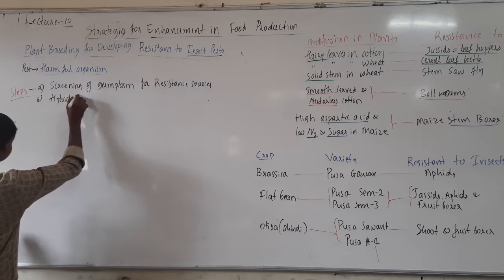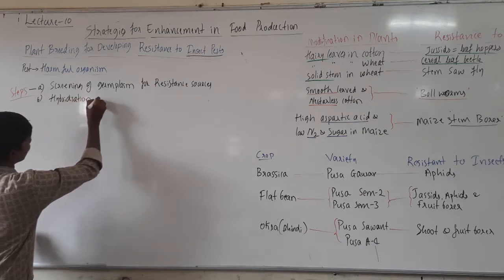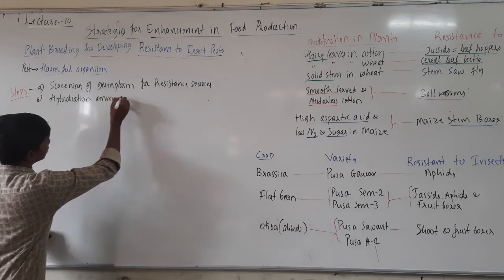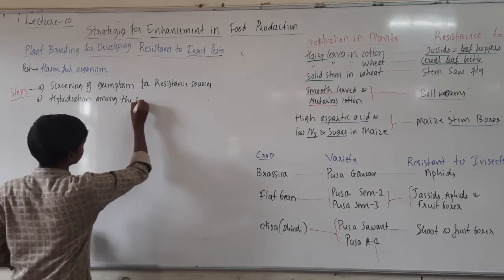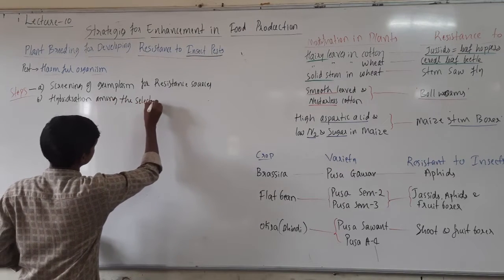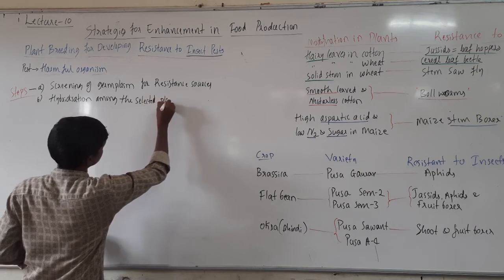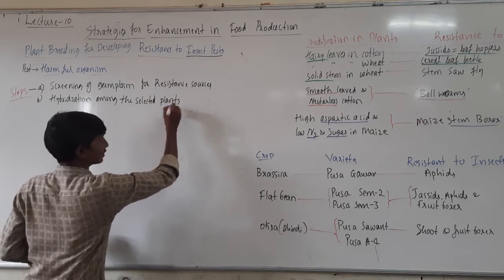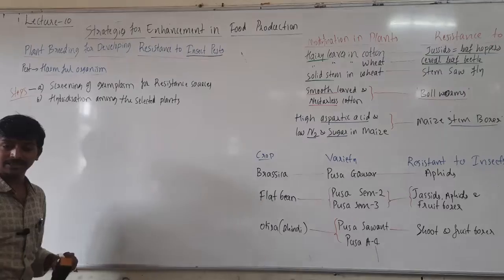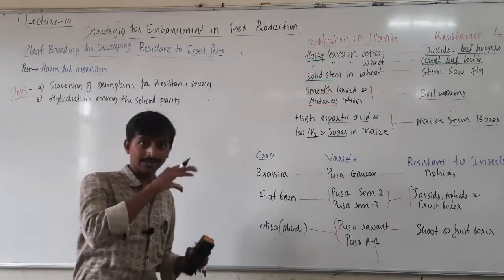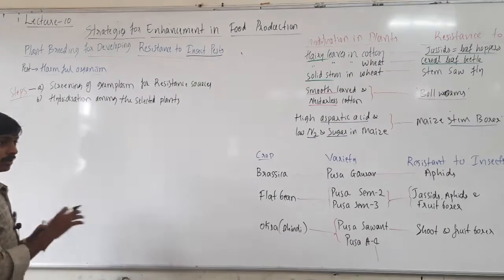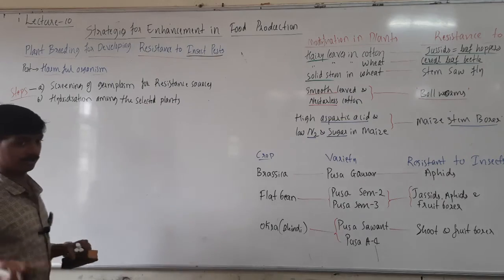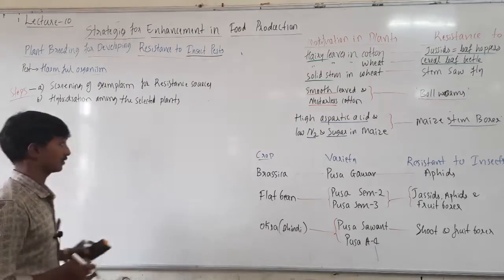Hybridization among the selected plants. It means you should select some plants which have resistance. Among those selected plants, you should carry out cross pollination, emasculation, bagging, whatever you discussed in earlier classes.